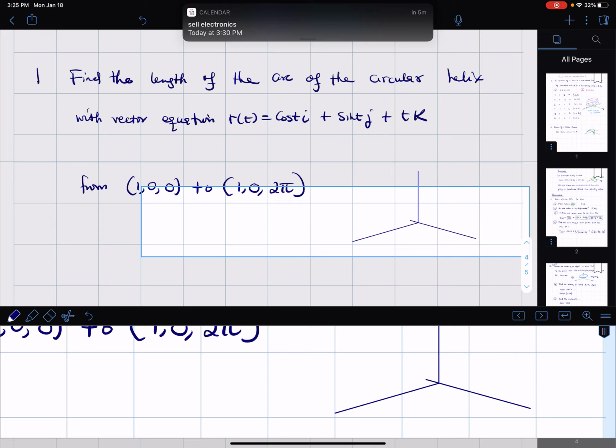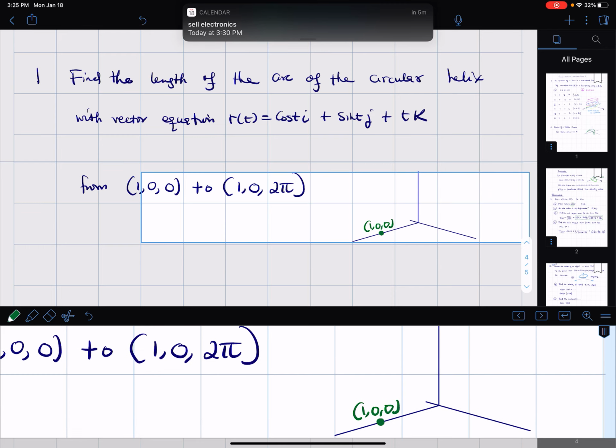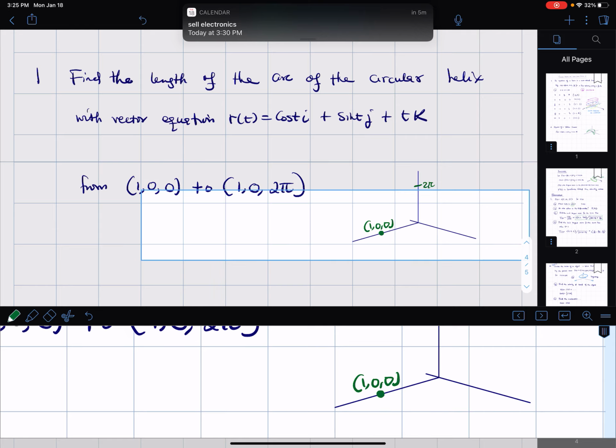So we have our helix, and the helix goes from (1, 0, 0), which is when x is 1, to (1, 0, 2 pi). (1, 0, 2 pi) should be somewhere here when x is 1, but at the same time z is 2 pi. Y is still 0.